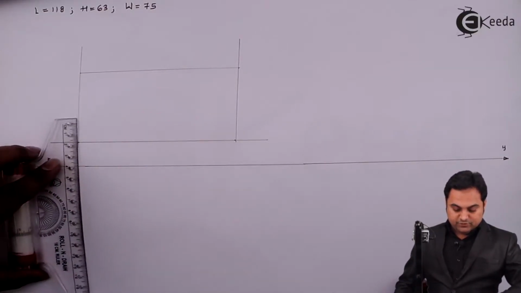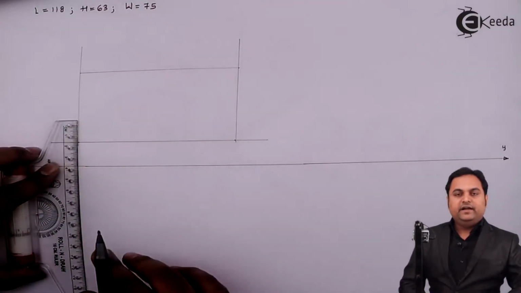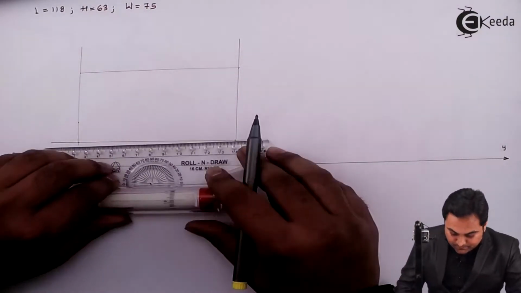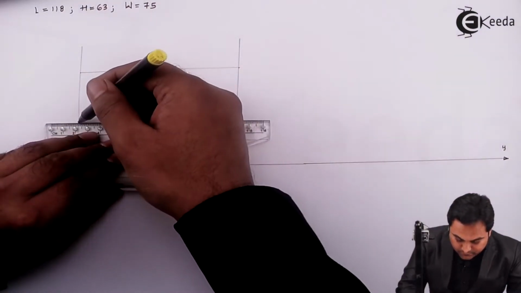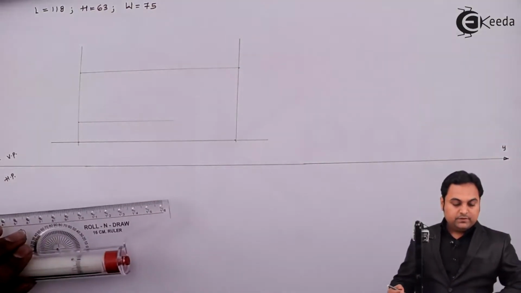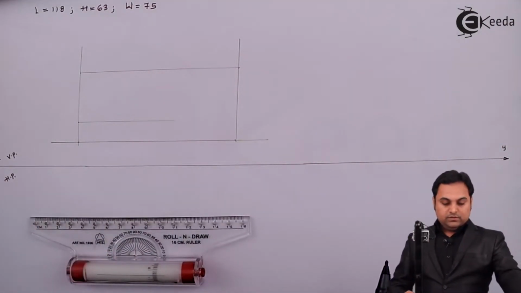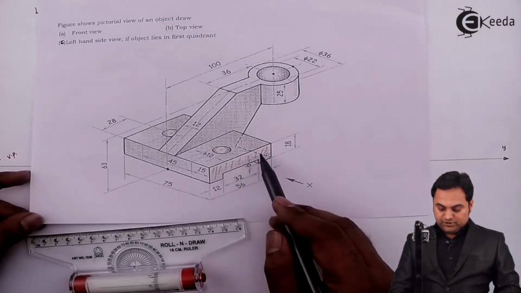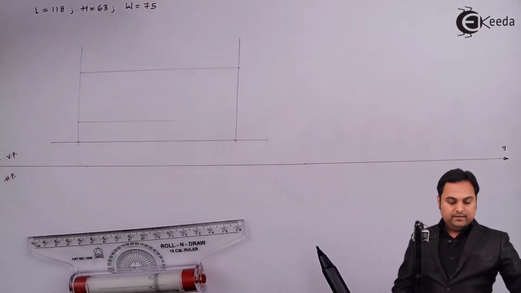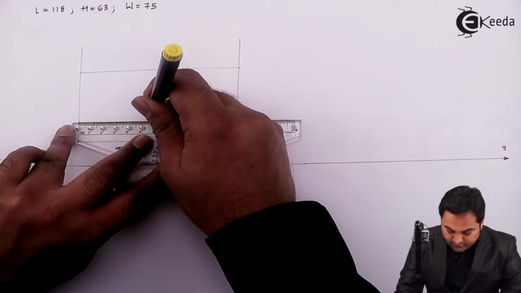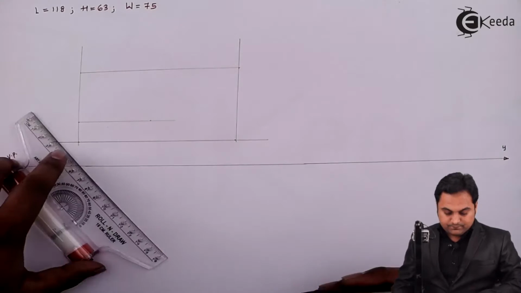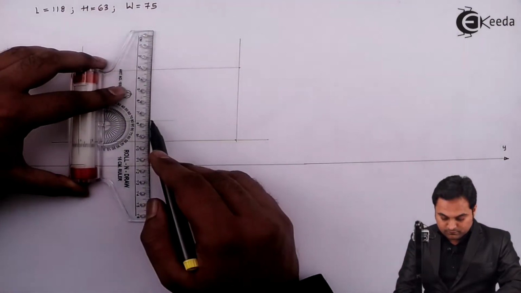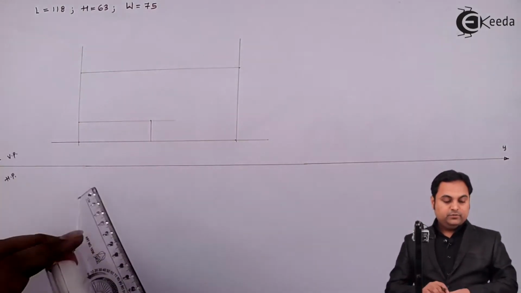At first I am drawing a light horizontal line taking a height of 18 mm. A light horizontal line. Then the complete length of this portion is 56 mm. I'll plot it. This is 55 and then 56. Drawing a light vertical line.